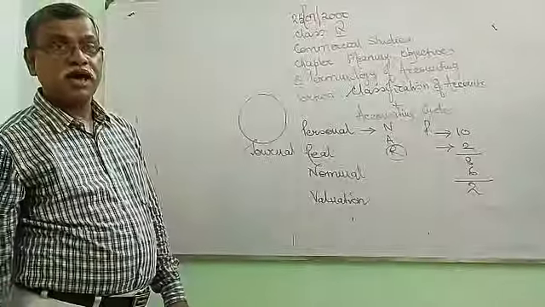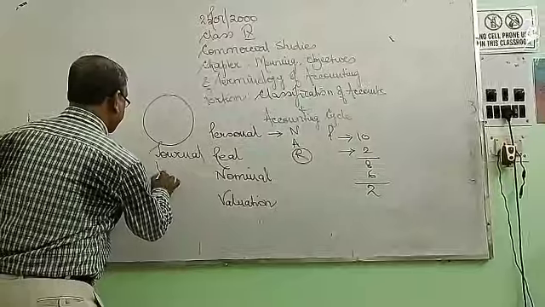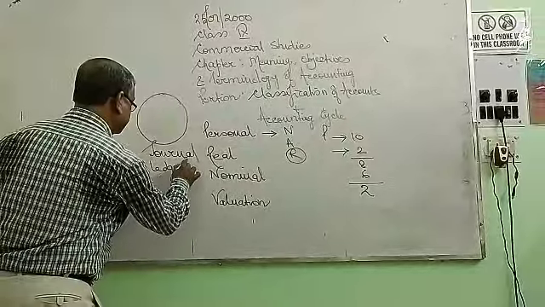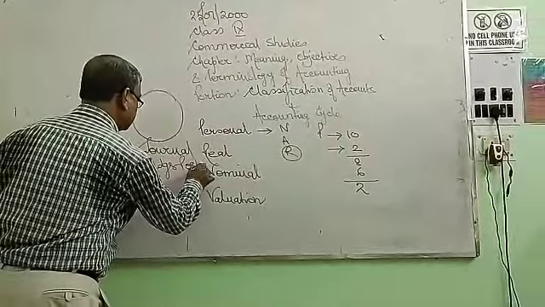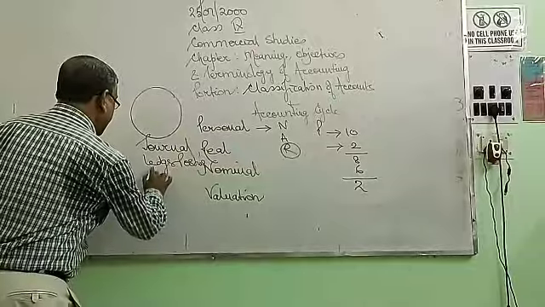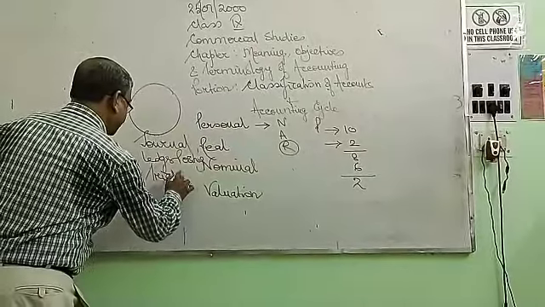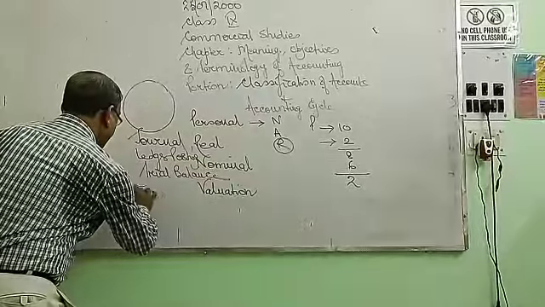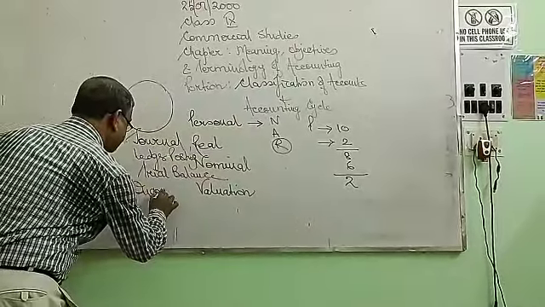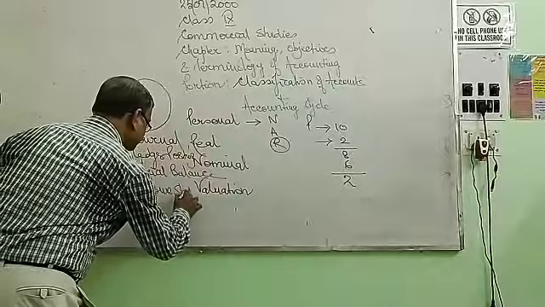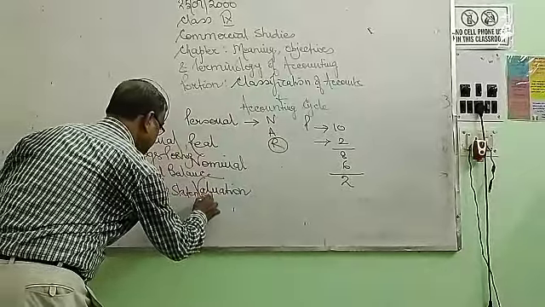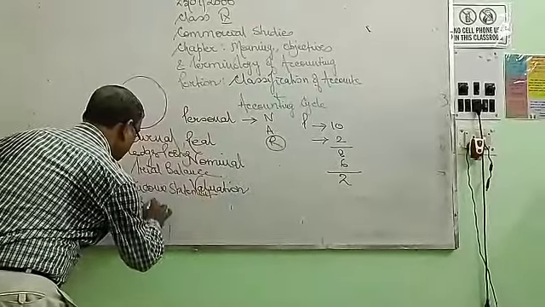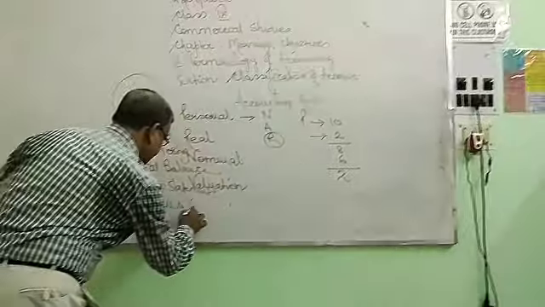Right, children? Then we do the ledger posting. Then we have the trial balance. Then we have the income statement. And lastly, we have the balance sheet.